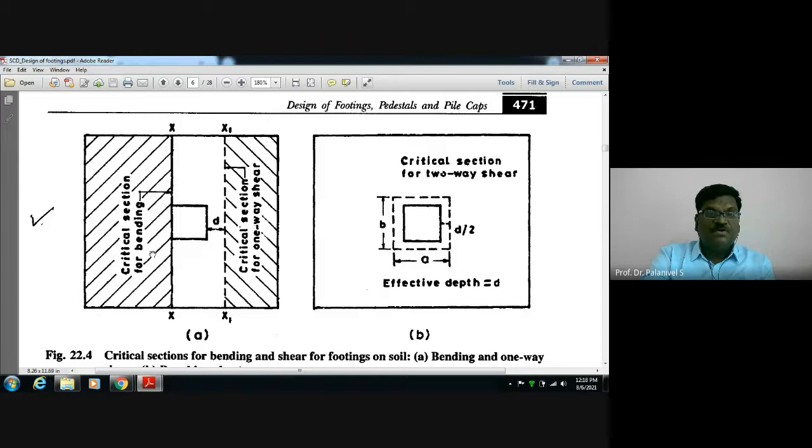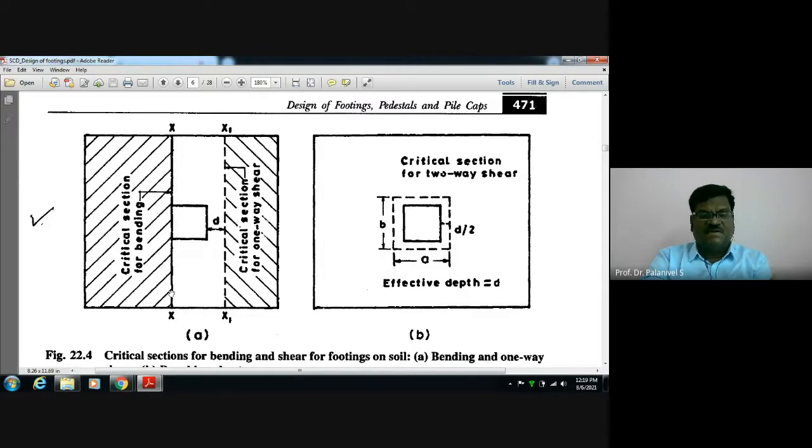It is assumed to concentrate at the center, so its line of action passes through the center, into the perpendicular distance from here to that. That way you determine the critical moment at the critical section. Then we will take this dimension into the depth of the footing, into the shear.